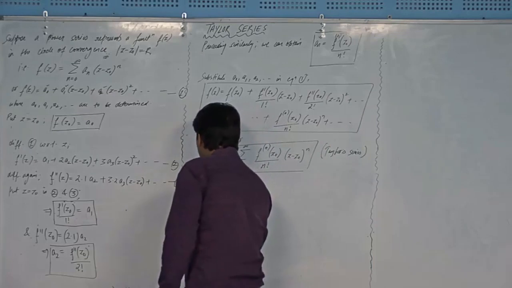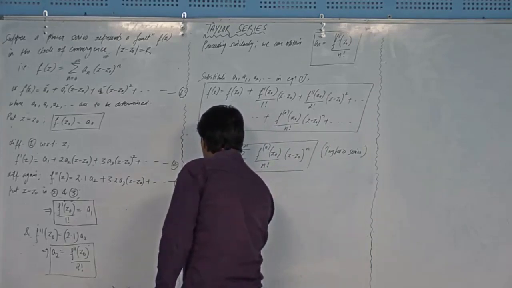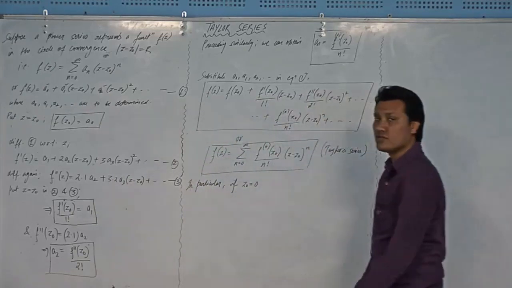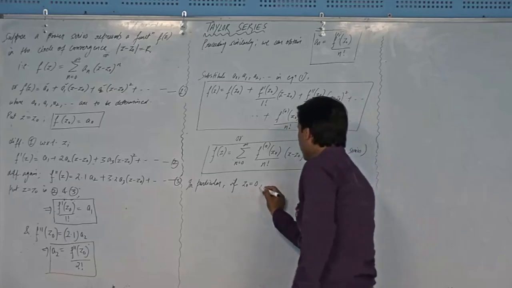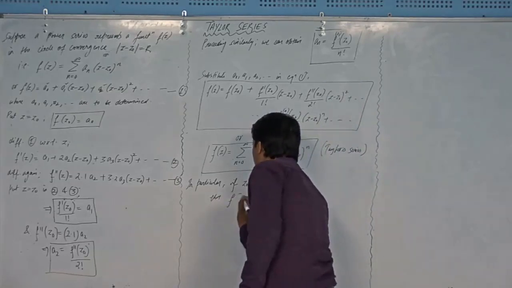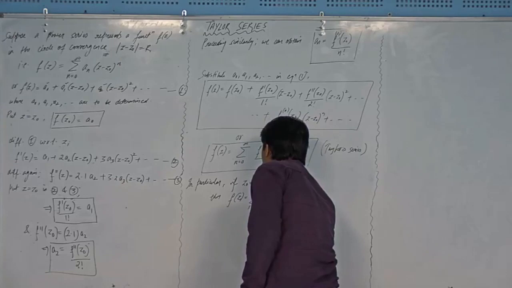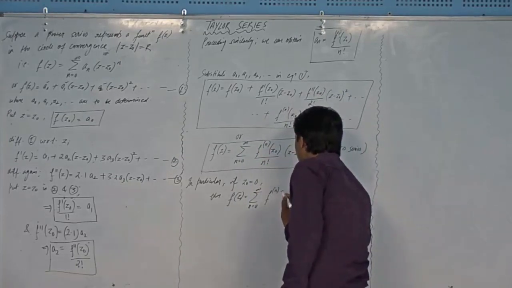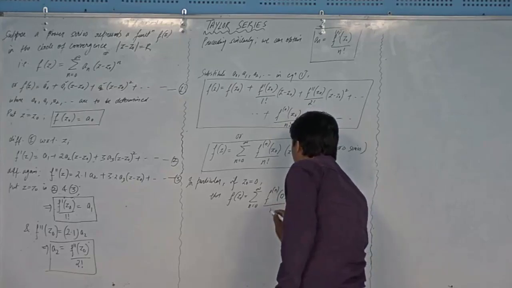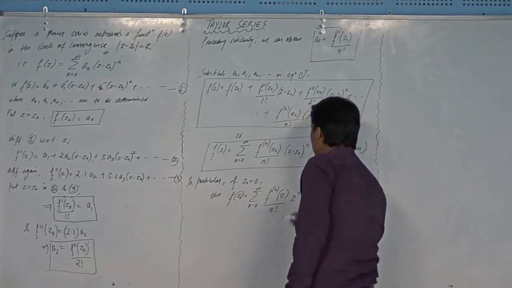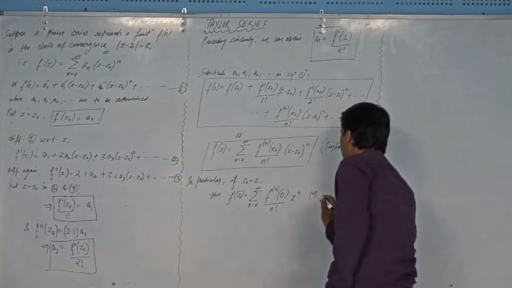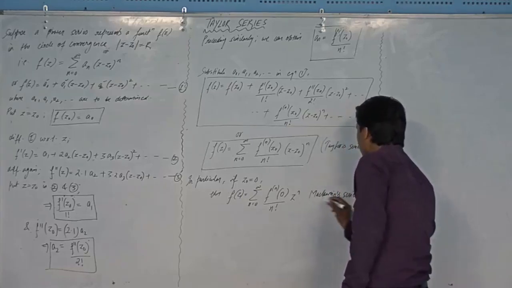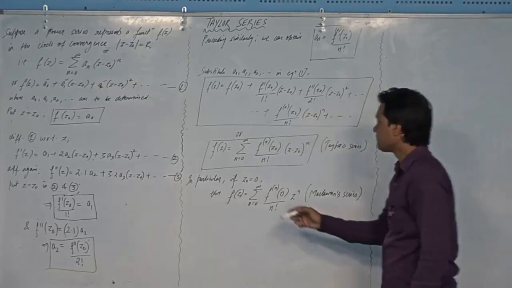In particular, if the center of the series is taken as the origin 0, then f(z) equal to summation n equal to 0 to infinity, and here we'll have the nth derivative of f evaluated at 0 over n factorial, z to the power n, and this is called Maclaurin's series, right? Okay.